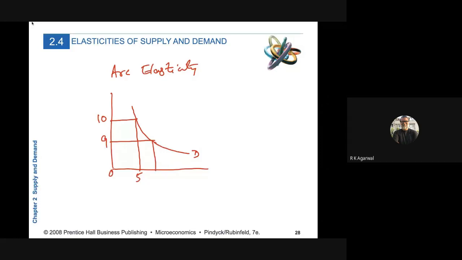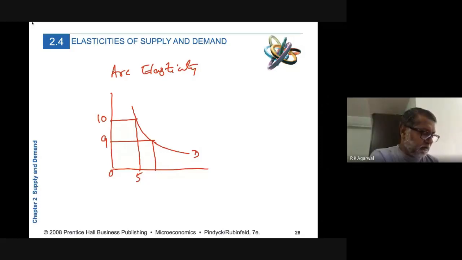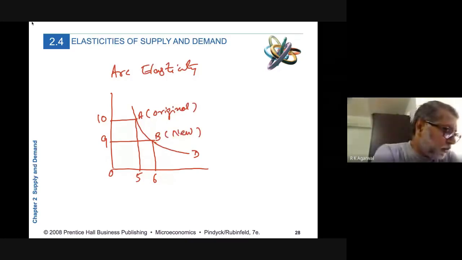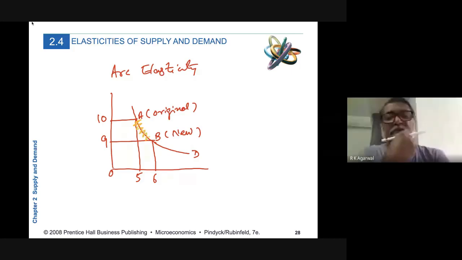Quantity goes up from 5 to, let us say, 6. This is point A, this is point B. Now, let us consider point A as the original point and B as the new point. Okay, so arc elasticity is calculating the elasticity over this range, that is between A and B.